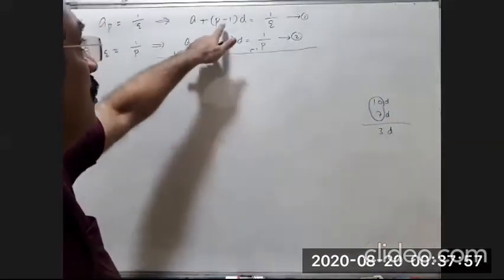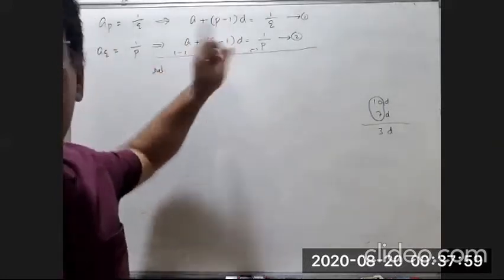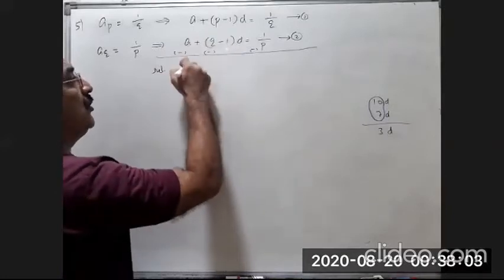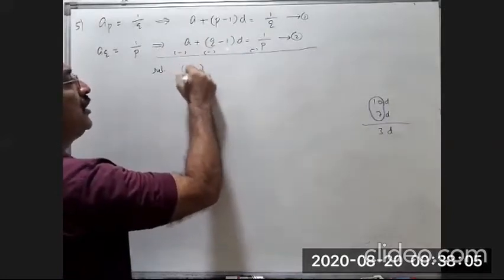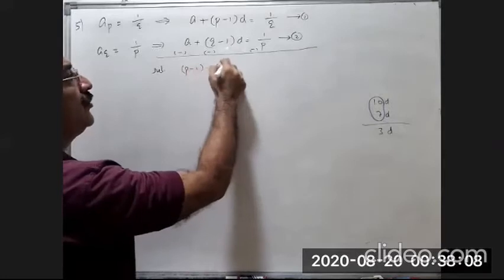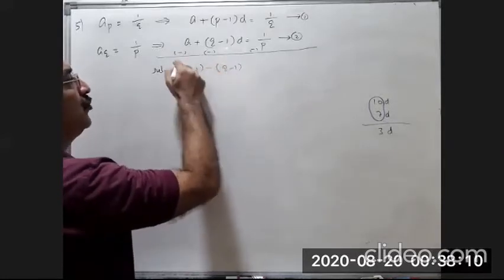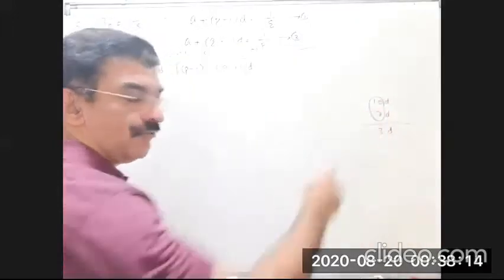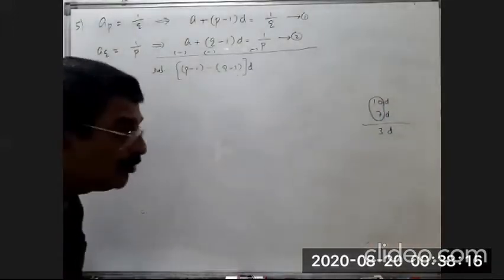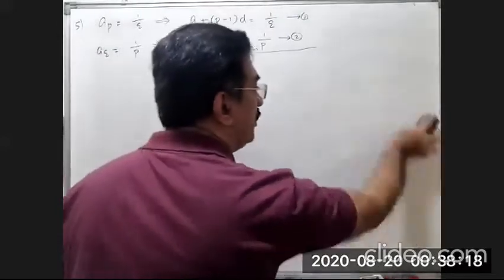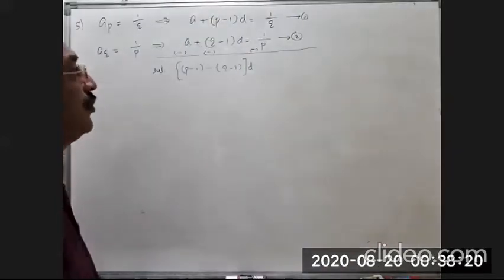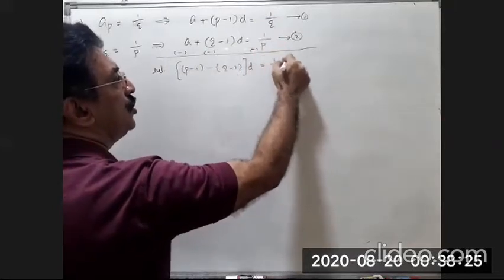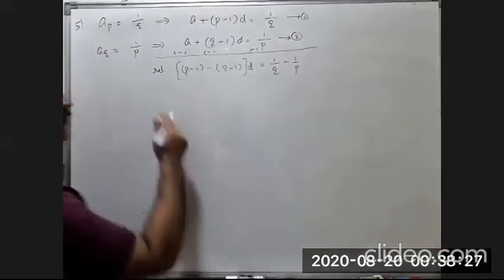Exactly the same here, we subtract the coefficients of d. So (p minus 1) minus (q minus 1) into d is equal to 1 by q minus 1 by p.